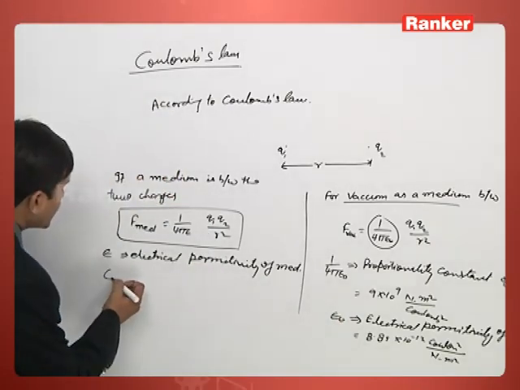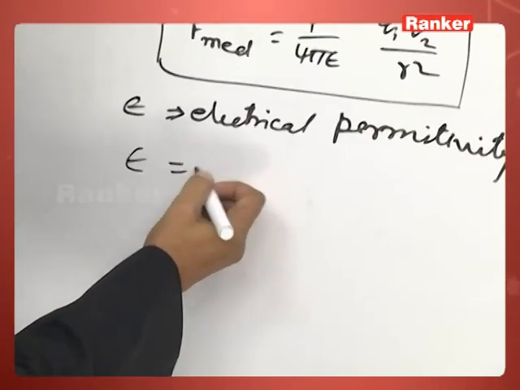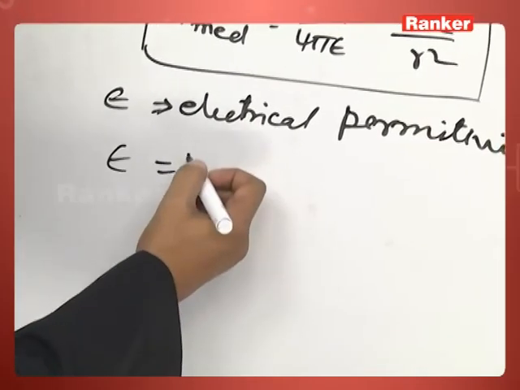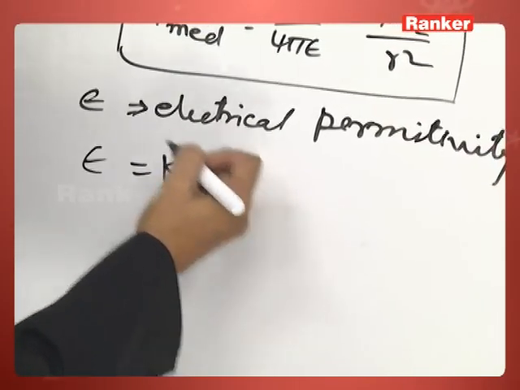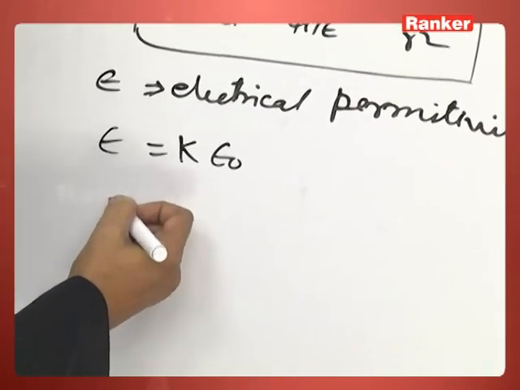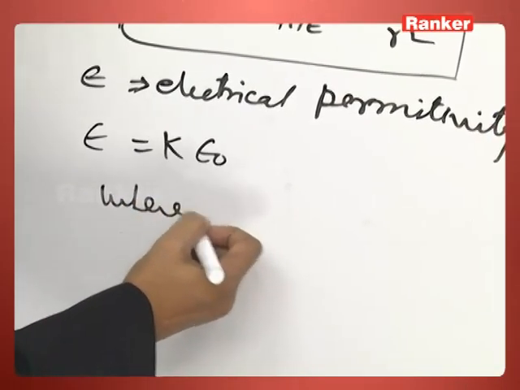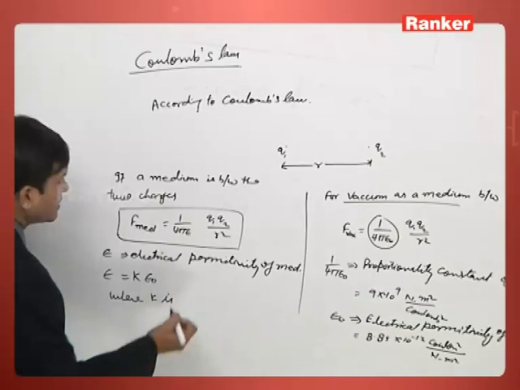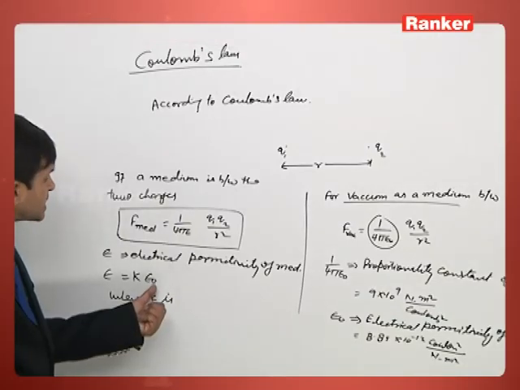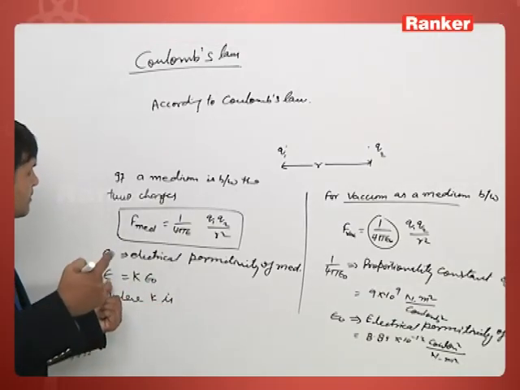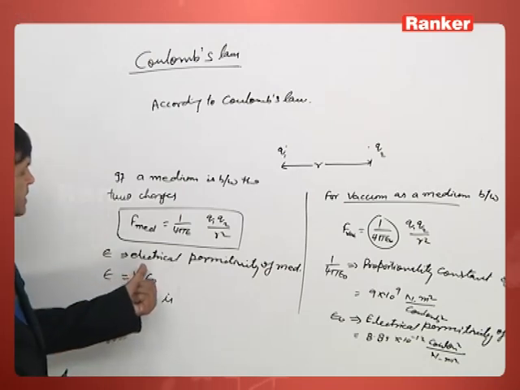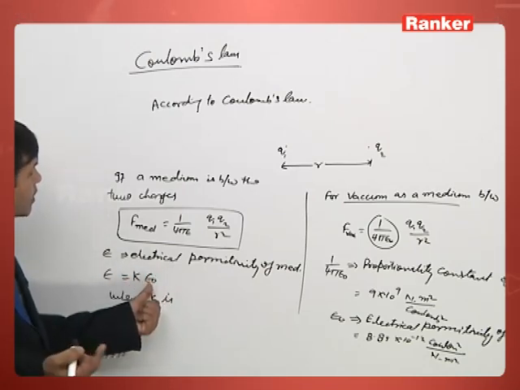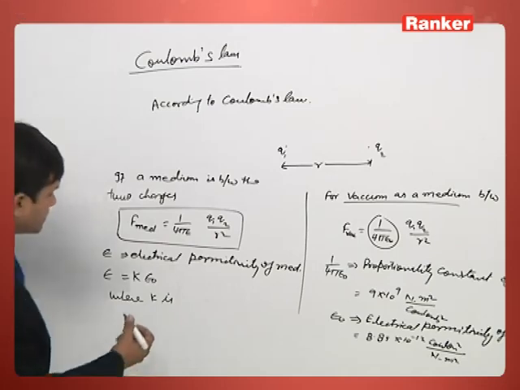So the electrical permittivity of a medium can be written as K times epsilon naught, where K is a factor by which we can say the electrical permittivity of a medium is more or less than that of vacuum.